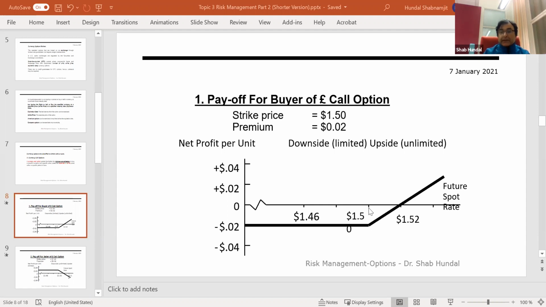But here, one thing is for sure, that you are in a state of ambivalence, in a state of confusion, that should you buy from the broker or should you buy from the open market? Either way, you will be having a loss of 2 cents.